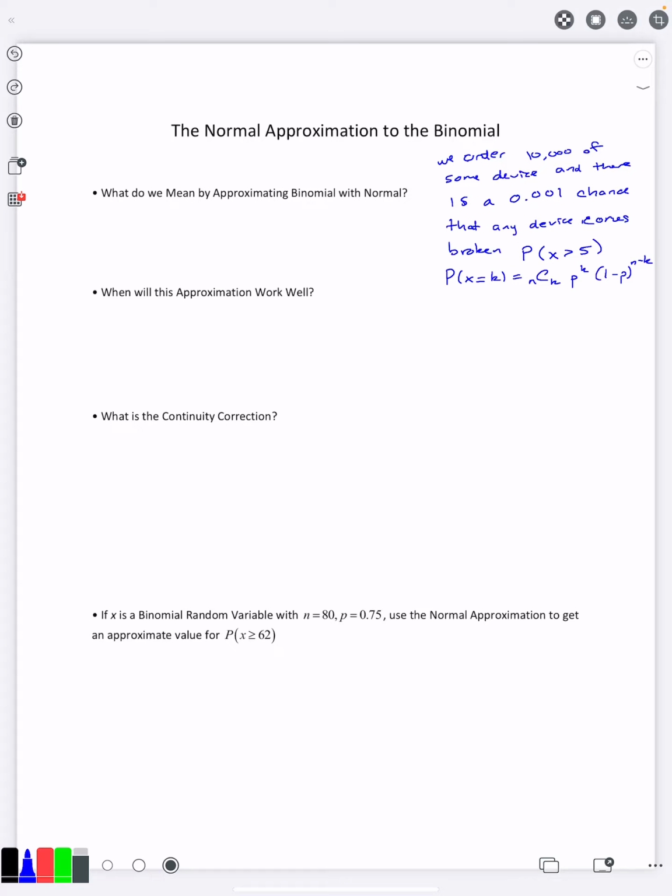So the idea is when n is large enough relative to these probabilities, p and 1 minus p, then the shape of the distribution, if you were to graph out the binomial random variable, and it is a discrete random variable, is close to a normal distribution.